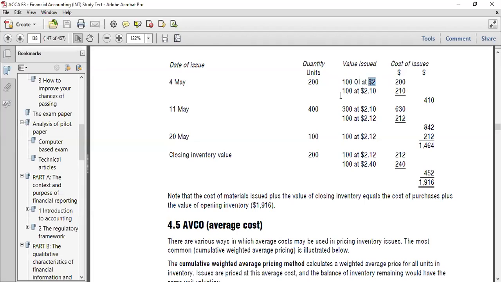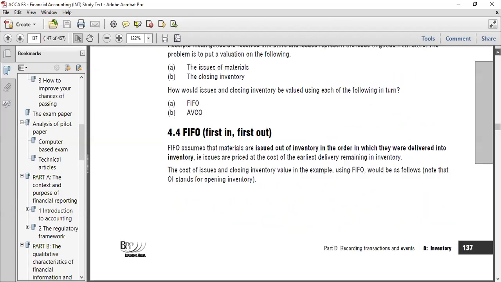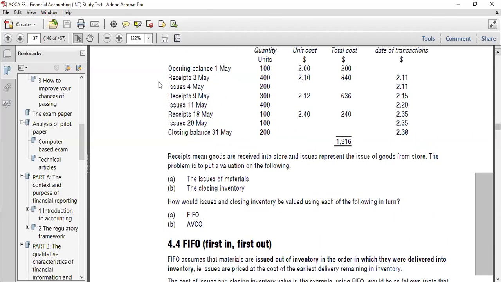And then the next issue was for the next stock at 2.10, and that is what we have as 200 and 400 to be valued at 410. So ideally, our inventory issued on 4th May, when we are using FIFO, will now be 410. If you want to record the cost, this will be 410. So I guess you're picking the principle, okay?